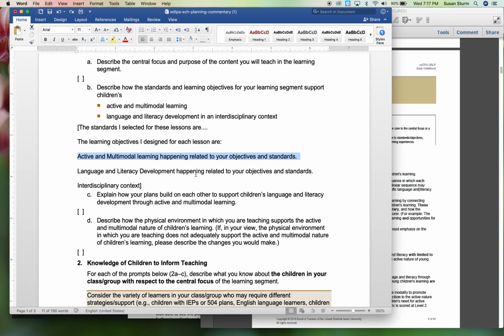And then language and literacy development happening related to your objectives and standards would be the same sort of thing, but talking about how the standard you selected is about writing narrative text with description, and you would quote the standard.